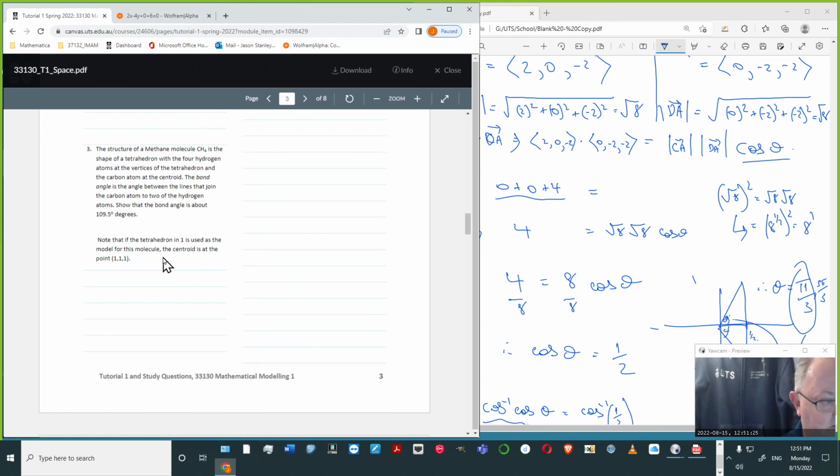Nothing tremendous there. It's showing the angle is just getting the carbon atom at the centroid. So that's a repeat question.